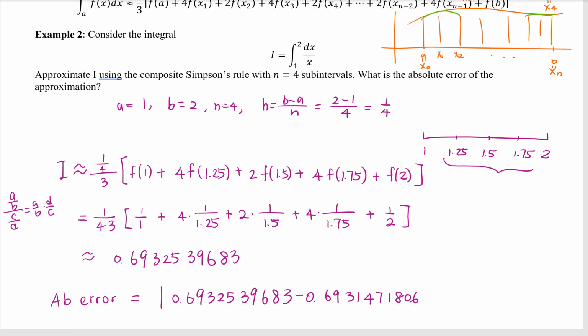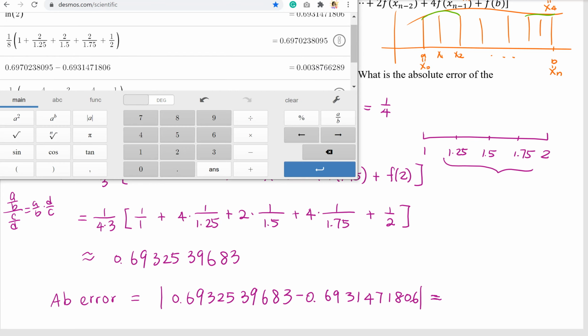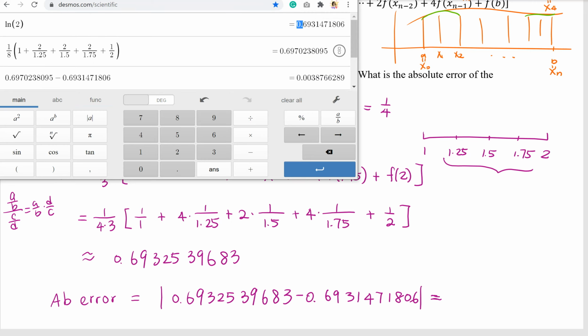693253963 minus that number. Okay, approximately equals, let's see, calculator. All right, we're going to use our approximation. This is our approximation. Subtract the true value, ln of 2.